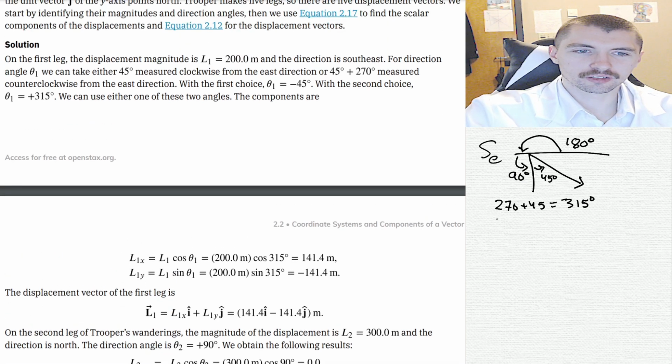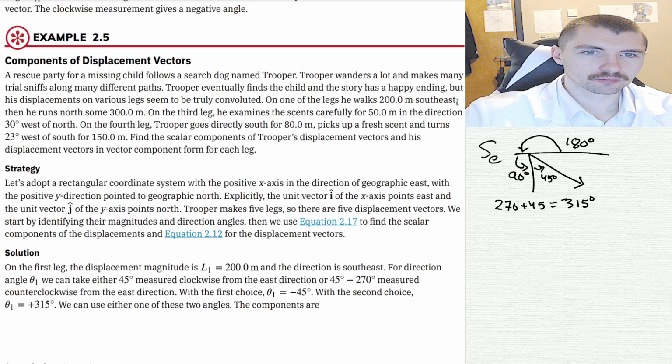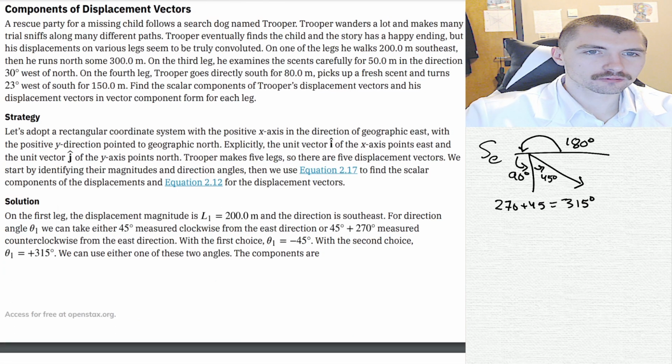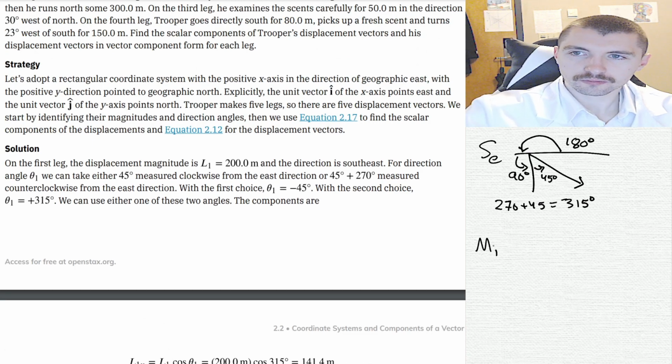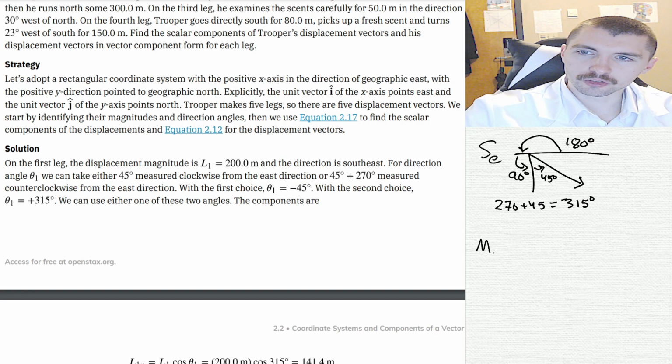So we're saying the first move, the x of the first move, the magnitude of the first move's x component.